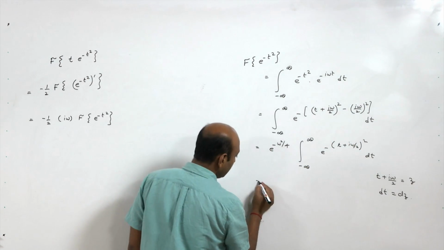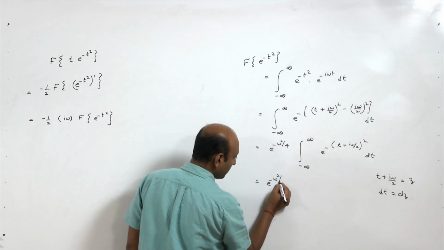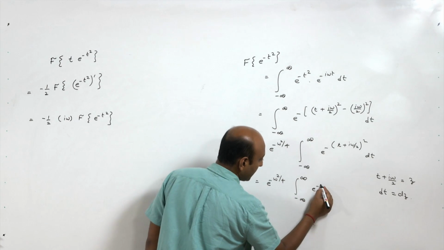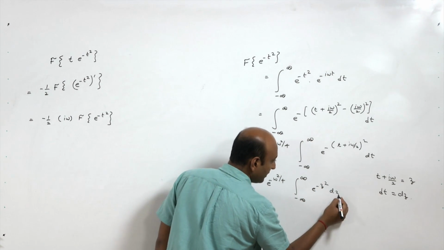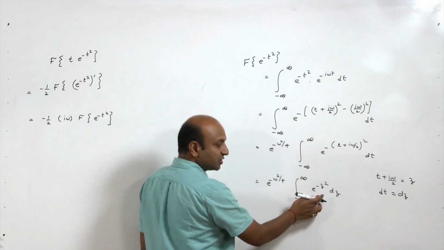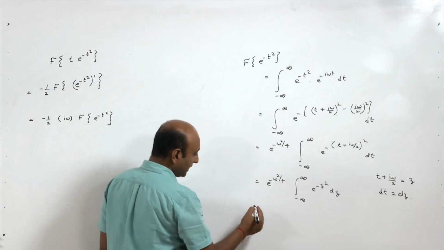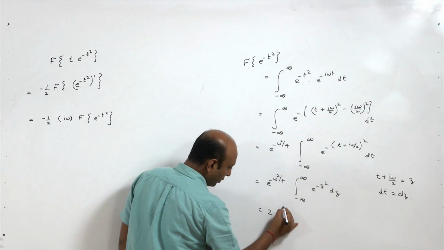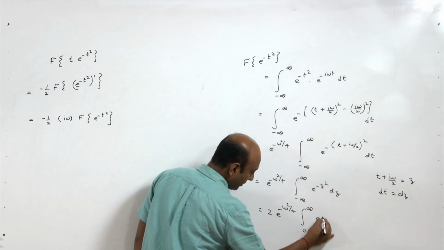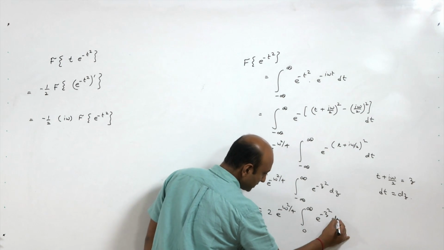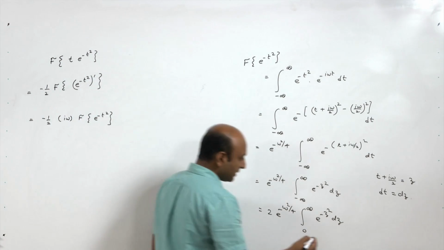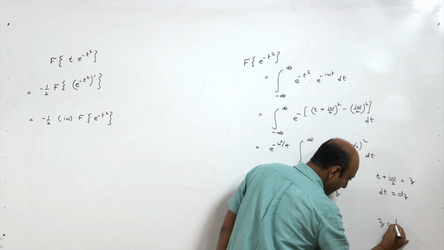So, it will be e^(-ω^2/4) times the integral from minus infinity to plus infinity of e^(-z^2) dz, limits will remain the same. Now, it is an even function, so this can be written as 2 times e^(-ω^2/4) times the integral from 0 to infinity of e^(-z^2) dz. Now, we can let z equal to under root p.